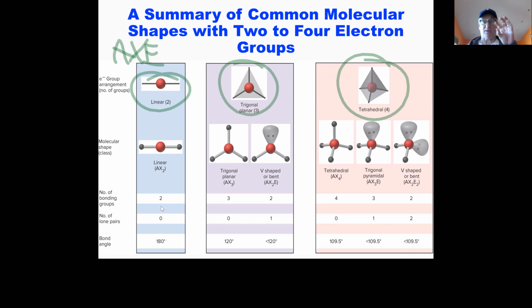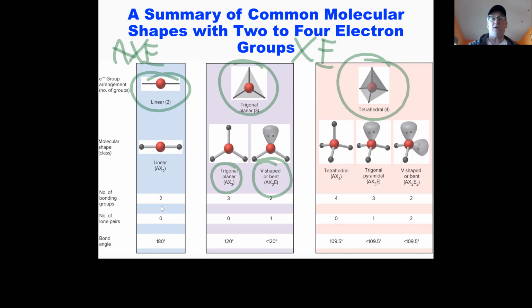It's the actual breakdown of what is X and what is E that gives you the shape. So if X plus E gives you 3, if there's just X's, if there's just atoms, that gives you that particular shape. If one of the groups is a lone pair of electrons, that gives you that particular shape.